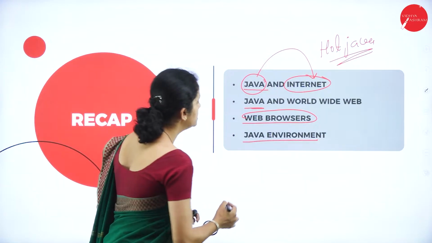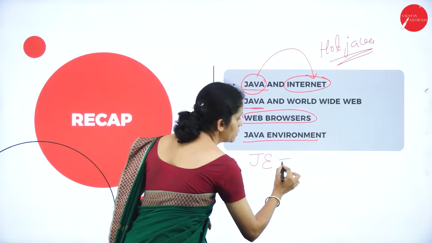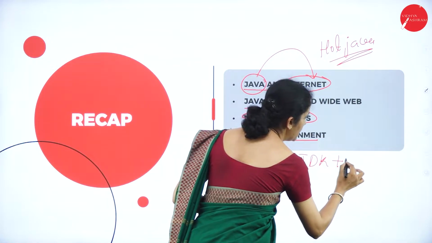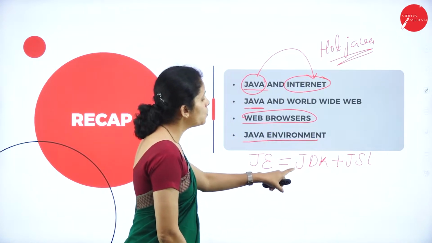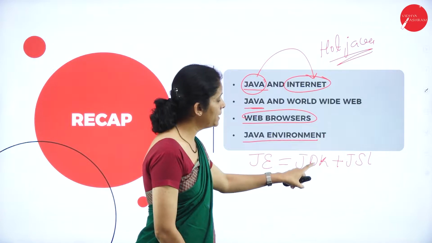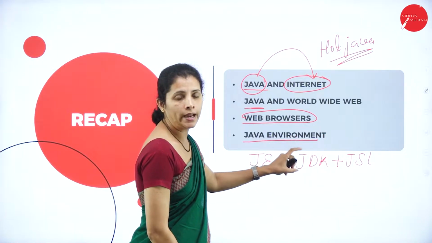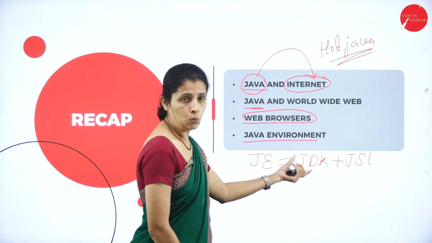When I consider the Java environment, that is JE equal to JDK plus JSL. So what is this JDK? That's nothing but the Java Development Kit. Under this, we are going to get thousands of development tools.